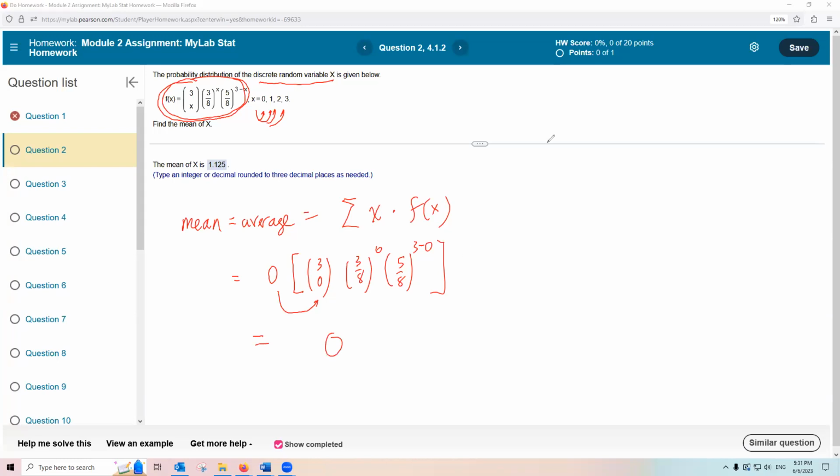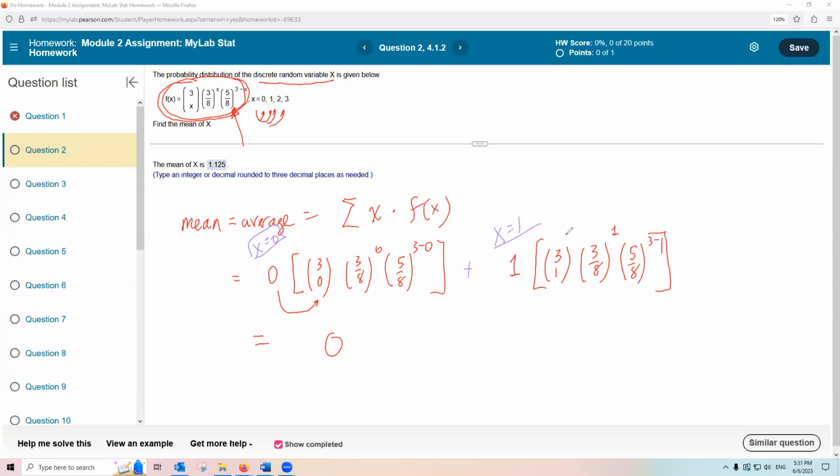So this is the case where x equals 0. Let's come over here to the case where x equals 1. Well, for that, I'm going to take the x value of 1 and multiply it by its function value. Now I've got to go to this f of x definition and replace x with 1. So this is combination 3, 1, 3 over 8 to the exponent 1, and 5 over 8 to the exponent 3 minus 1.